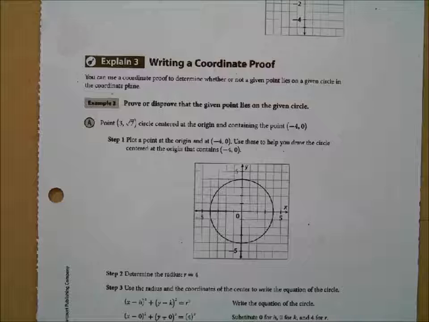Now we have the equation for our circle, but we still want to figure out if this point is on our circle. How can we use the equation to determine whether this point is on the circle? What should be true about this point and the equation?